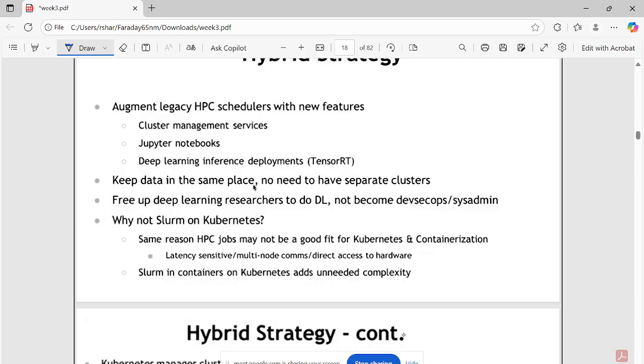If we are doing inferencing, like a serving pipeline, we use TensorRT, which basically ensures how we deploy it. We also see how the data can be kept in the same place, with no need for separate clusters.